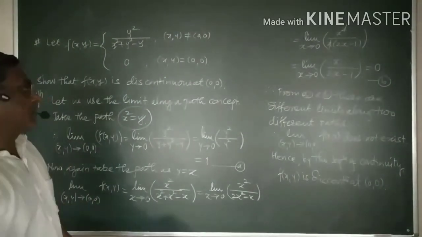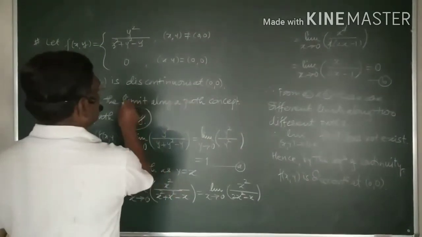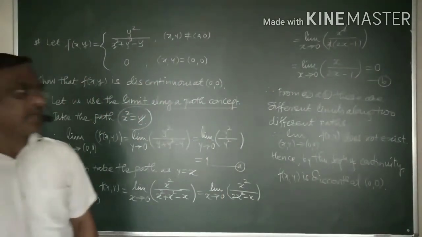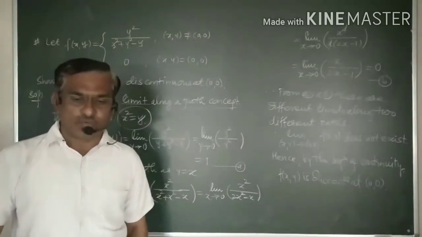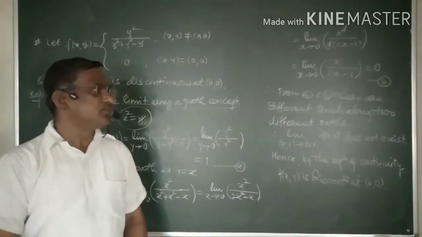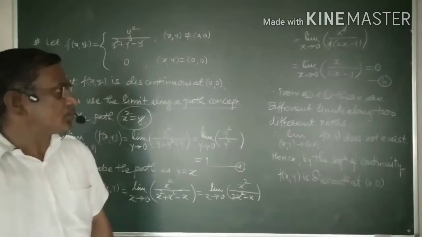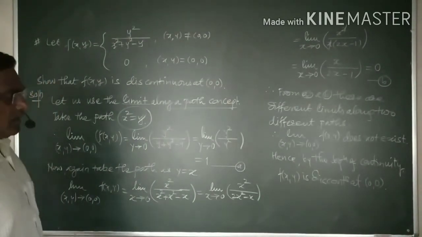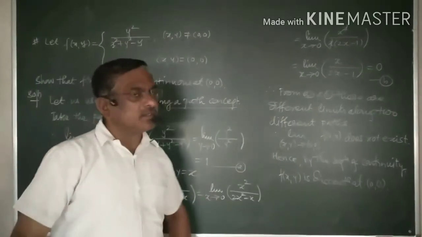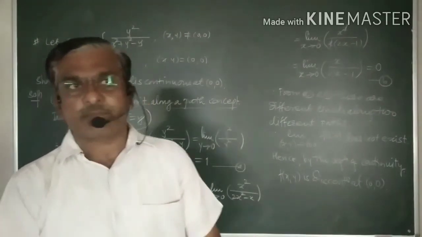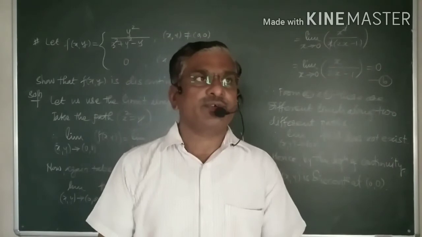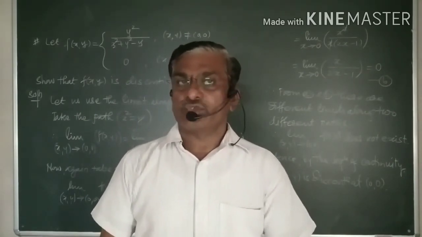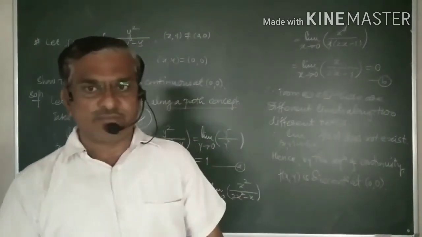Here in this way, we can show that the given function is discontinuous. Okay, and we have used the limit concept, of course, limit along a path. This is a concept which we know and which we can use to show that the limit of a given function does not exist. Right? Now, this is all about the very first unit, limit and continuity, from our paper number 1, whose code number is MT231.